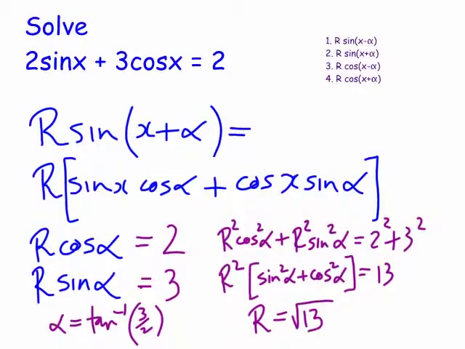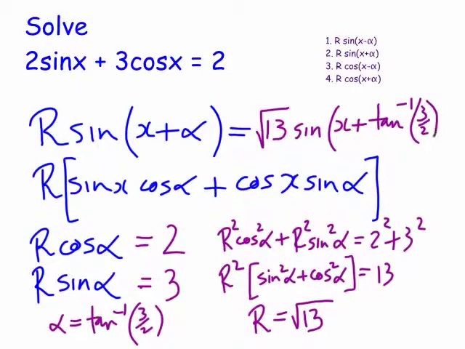So what we do now is we rewrite this expression, I guess you could say, as root 13 becomes the r, then sine of x plus, I'll just write it as the inverse tan of 3 on 2, just keep it like this at the moment, in another bracket.